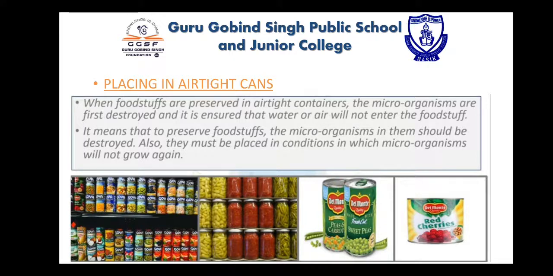It means that to preserve foodstuff, the microorganisms in them should be destroyed. Also, they must be placed in conditions in which microorganisms will not grow again. So, children, this is also one method of preservation of our food, that is placing in airtight cans.